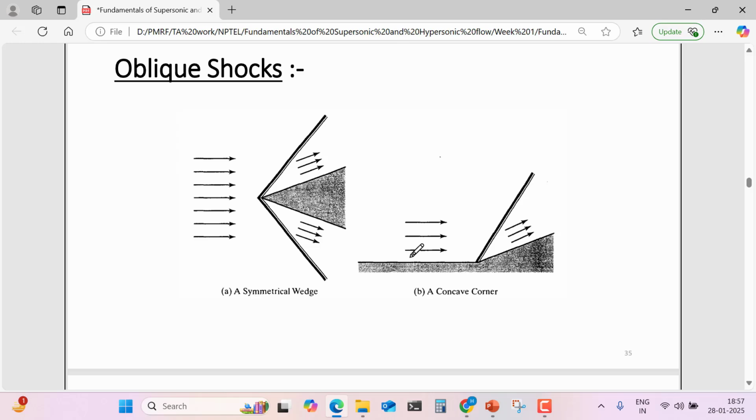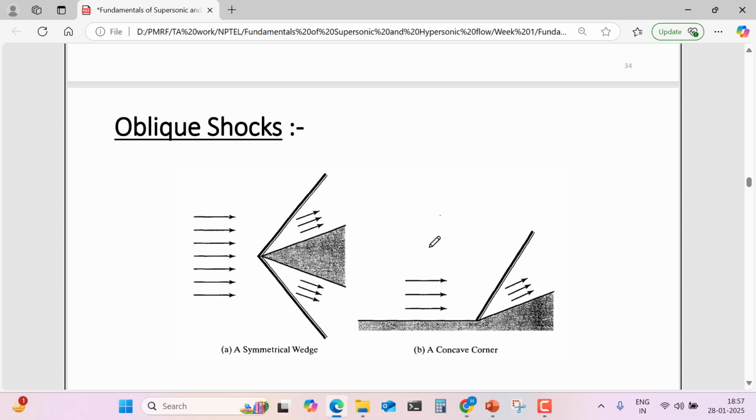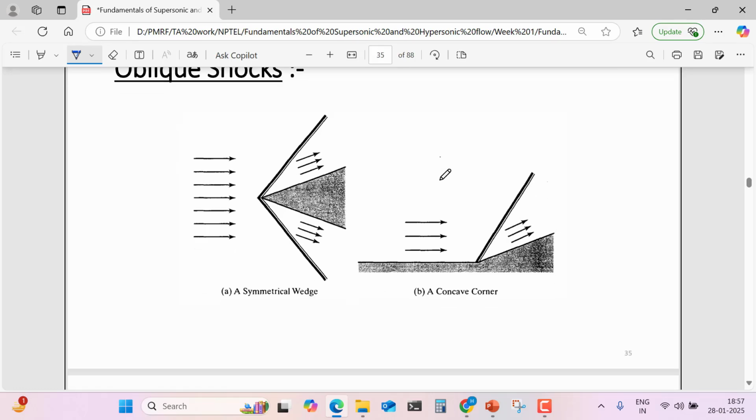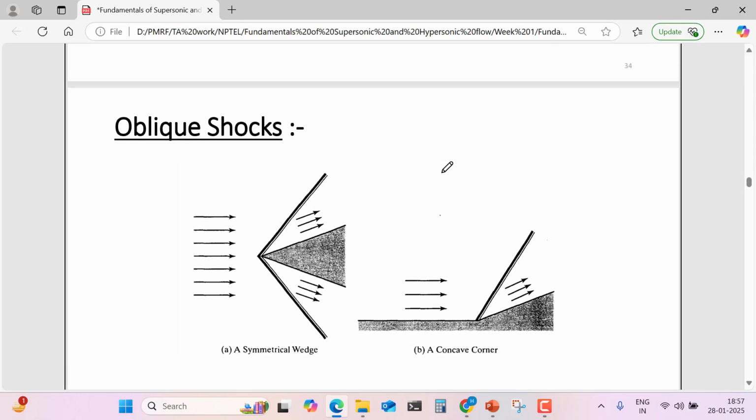Now we will see what is an oblique shock. Oblique shocks are also a shock. These are made when there is a compression corner. A compression corner is something like this, which is shown here.